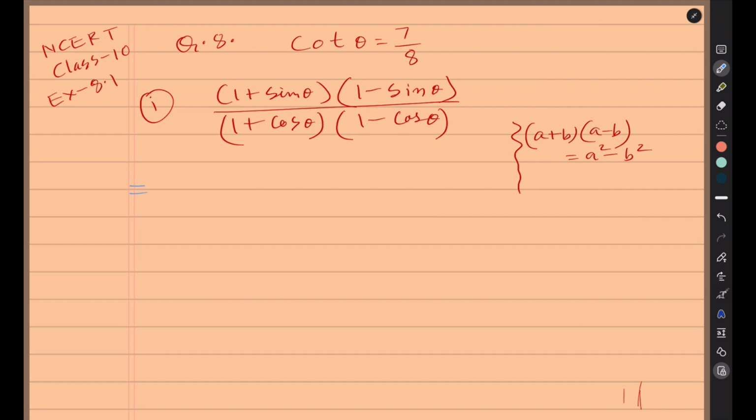So looking at this expression, this is a and this is b. If this is a and b, then what we have is a plus b multiplied by a minus b, so we can say that this is a square minus b square.